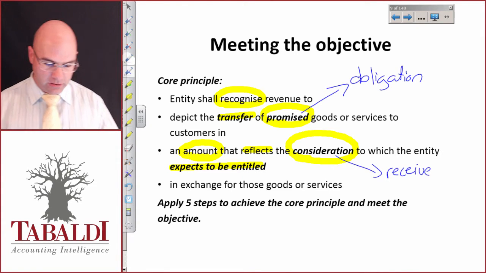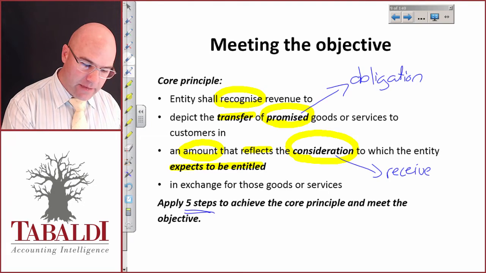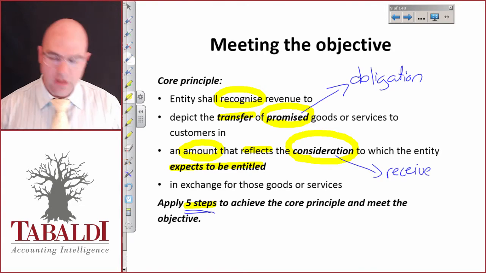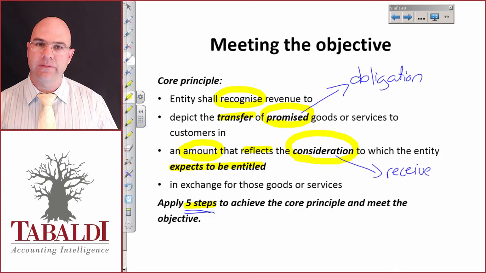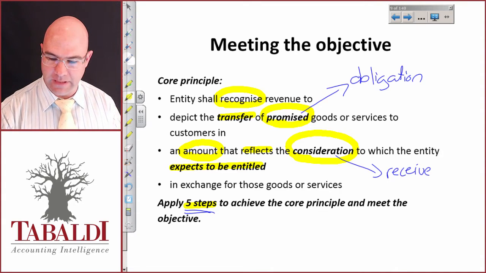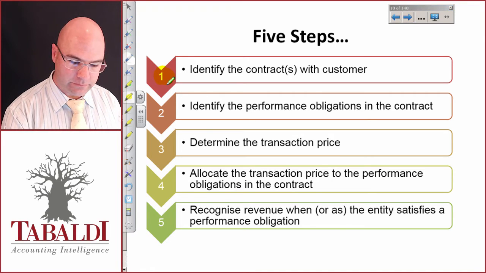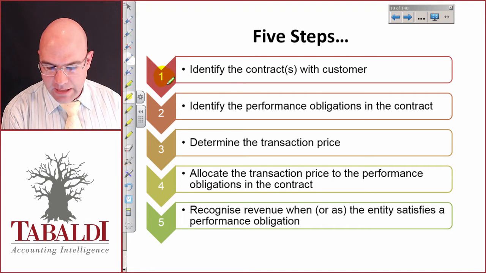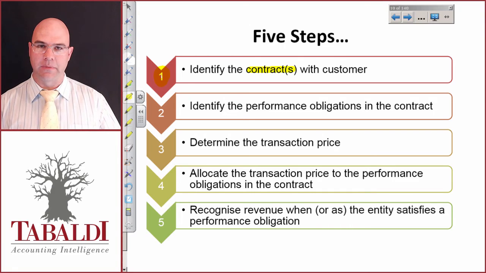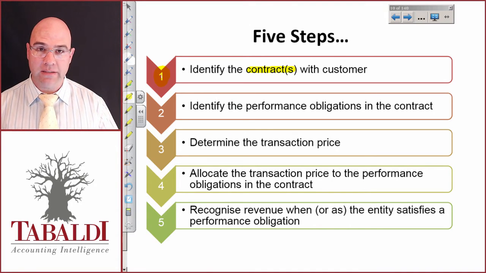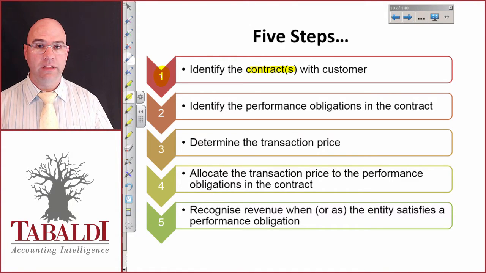In order to do this, we will apply 5 steps to achieve this core principle and account for revenue in terms of IFRS 15. Now I've laid those 5 steps out. First, you will identify the contract with the customer. Now that will usually be a written contract, but if it is an invoice, okay, to deliver a good, guess what?